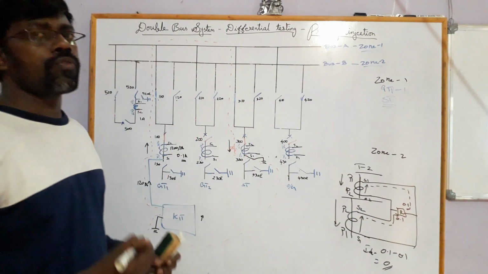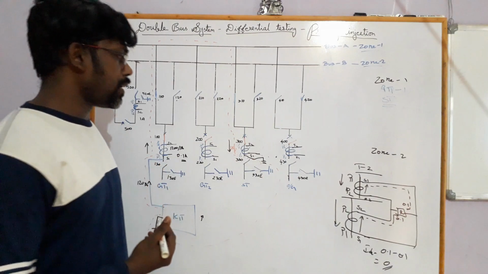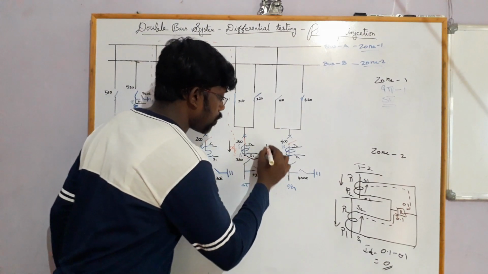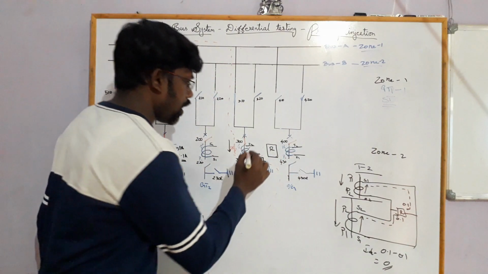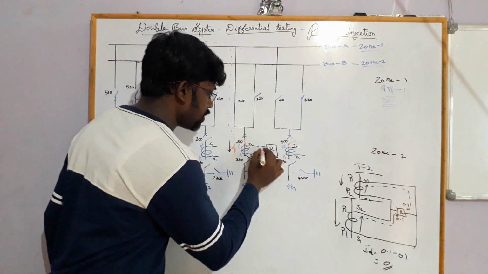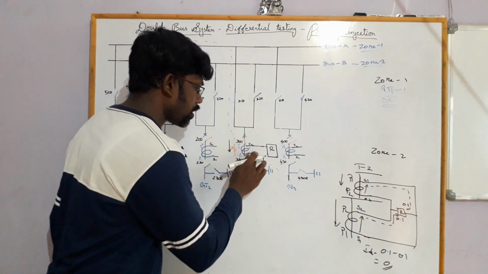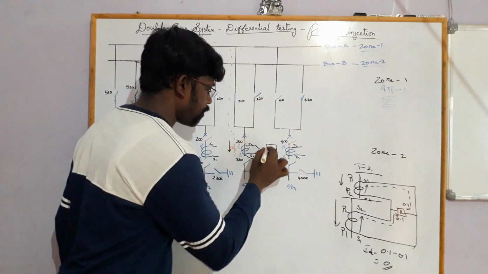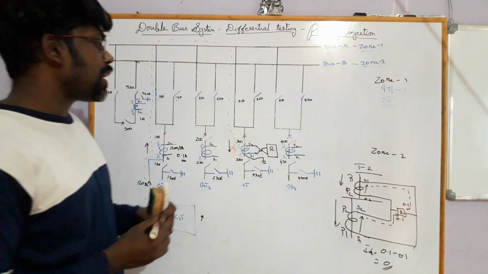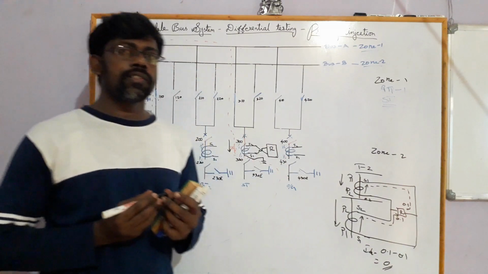To check an in-zone fault, that is differential tripping, we have to reverse the polarity of the CT secondary. Actually, the relay will have a connection like this. We have to reverse the CT polarity. It is a single line diagram, so I am showing it like this.